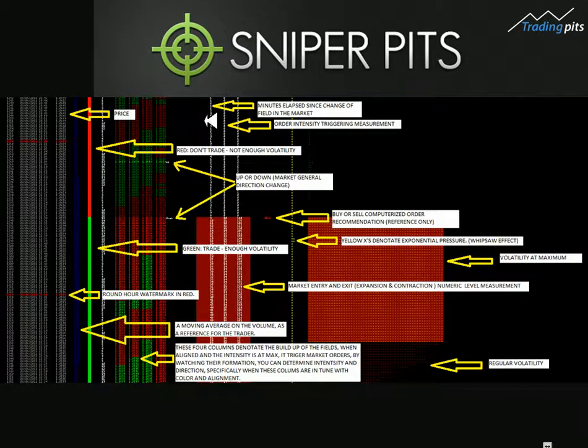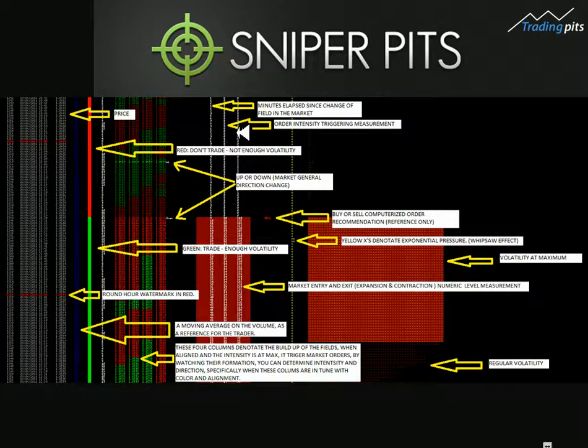The next one is these columns down through here. You've got 3 white ones. And the column on the left is the number of minutes since the market has changed direction. So, for example, and we'll see plenty of examples of this, but when we see a signal, our question is, has it happened perhaps in the last 15 minutes? Or is this a 30-minute old signal before we're getting in, in which case it might be a little bit old.